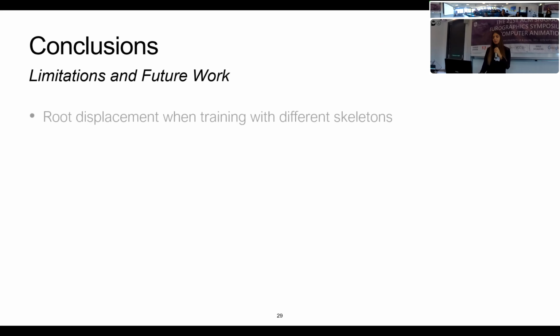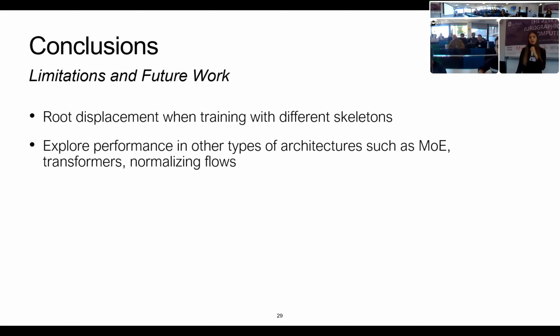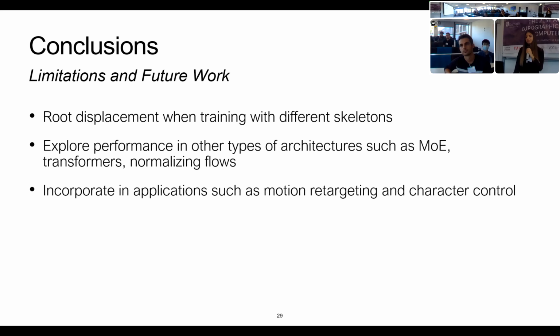One limitation of our work concerns the root displacement when training with different skeletons. Currently, it is being ignored in our visualizations. Currently, we focus our experimental setup on recurrent models, which became popular for their ability to model the temporal aspect. However, it would be interesting to assess the performance of our representation in other kinds of architectures, such as mixture of experts, transformers, or normalizing flows.